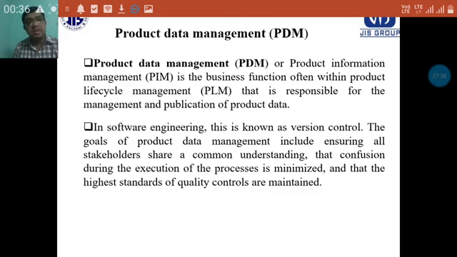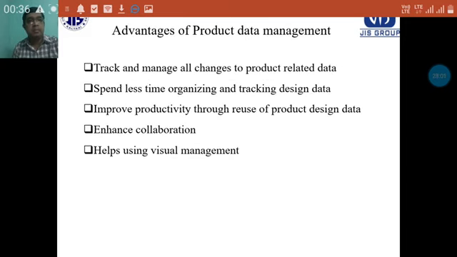In software engineering, this is known as version control. The goals of product data management include ensuring all stakeholders share a common understanding, that confusion during the execution of the process is minimized, and that the highest standards of quality control are maintained.